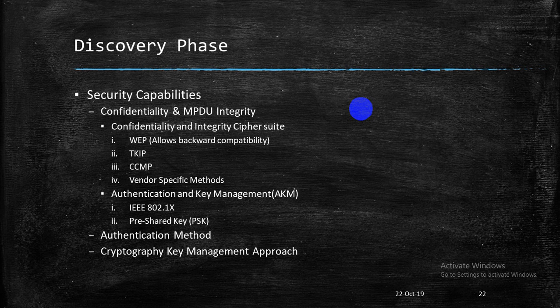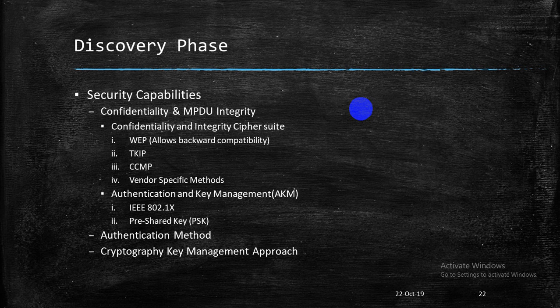WEP is used basically for allowing backward compatibility. Backward compatibility means using the old protocols if we have updated to modern protocols, and TKIP and others are used as the confidentiality and integrity cipher suite.